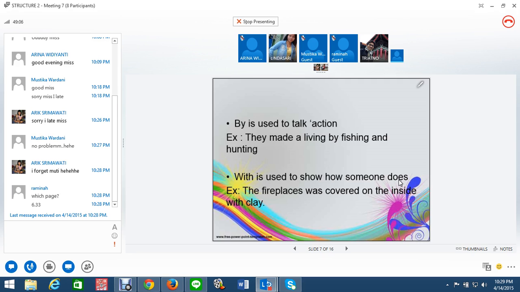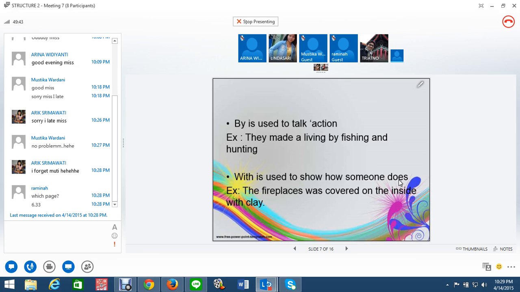And the second, fire was kept all night by covering the coals. By covering, it talks about what? It talks about action. Covering, action, right? Menutupi. With talks about the means, the object, so the means should be an object. So what is the means?